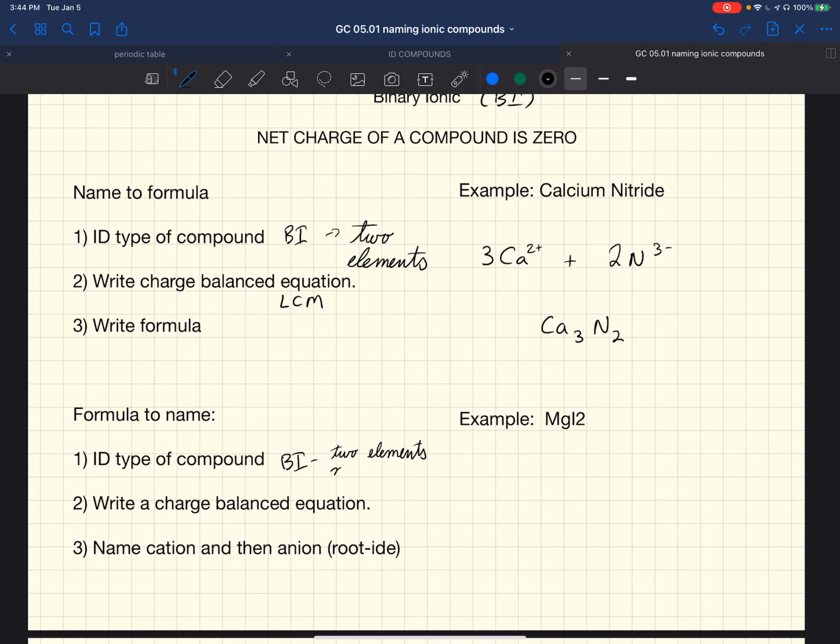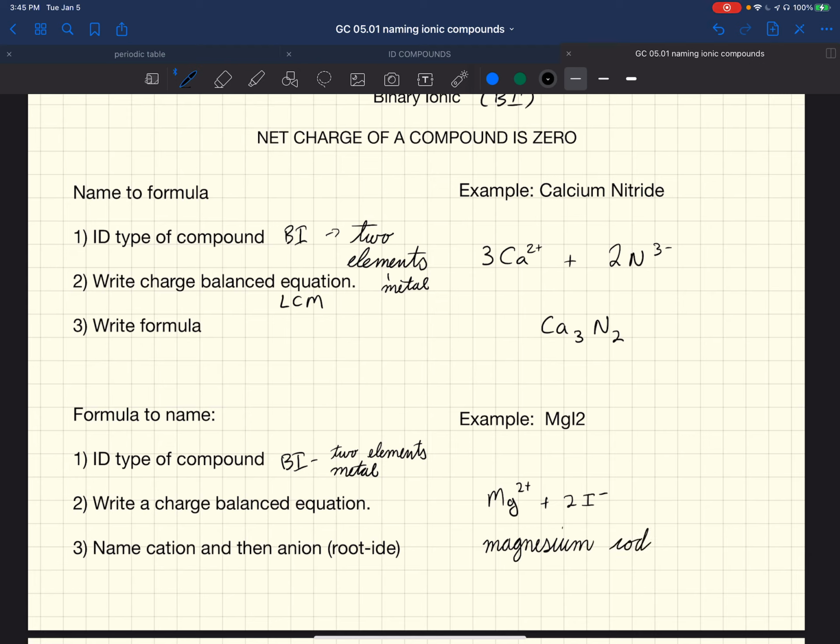The nice thing about this is that the charge balance equation is pretty easy to write here. So Mg2+ plus 2I-, and then you just name the cation, which is magnesium. And then the anion. So magnesium iodide.